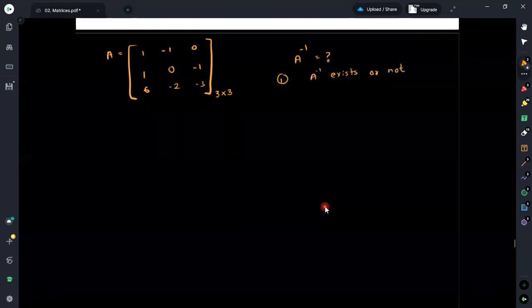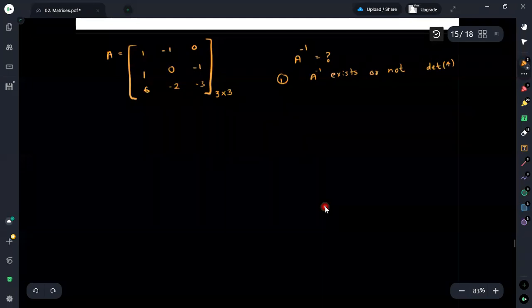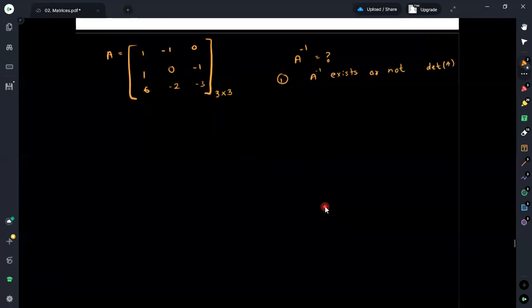To check this, we can use the determinant of this matrix. Now we will see how we can obtain the determinant of this matrix. We have discussed how to obtain the determinant of a 3 by 3 matrix.